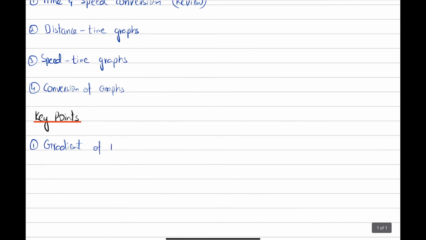Yes, gradient of distance time graph gives speed. Here we don't use velocity or displacement, we just use distance and speed. Another thing to keep in mind is this: the steeper the line, the higher the speed, or you can say the greater the speed.